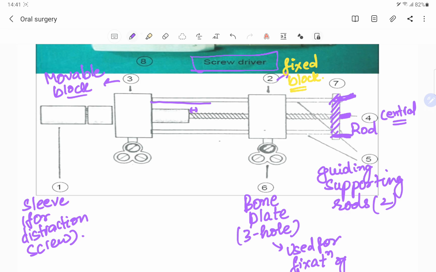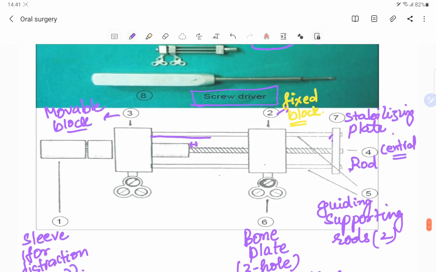So the seventh one is our stabilizing plate, which is holding the central rod as well as the two guiding rods at the end, right. So this is basically present at the posterior end of this whole device, the posterior end of the assembly.